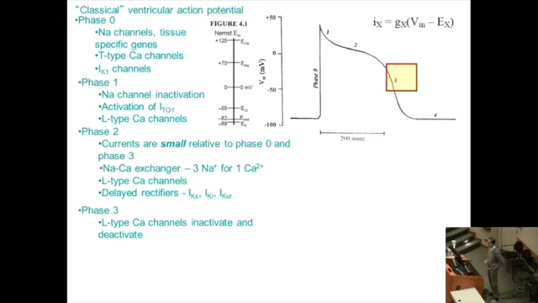L-type calcium channels are inactivating during that plateau phase, and they are deactivating as the voltage goes down. Deactivation means the activation gate is closing. Inactivation means that the inactivation gate is closing. The inactivation gate tends to want to close at high voltage, and we're at high voltage during phase 2.